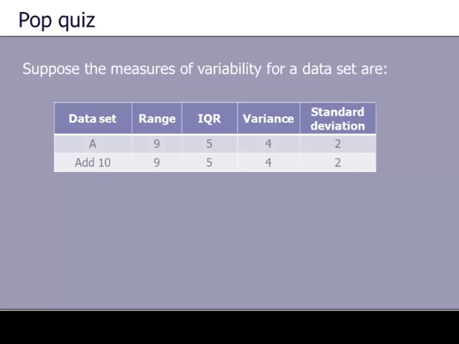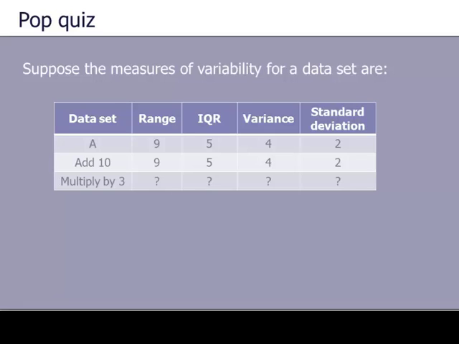How about if you multiply every element in dataset A by 3? What would happen to the measures of variability? When you multiply the elements of a dataset by a constant, the range, interquartile range, and standard deviation are also multiplied by that constant.